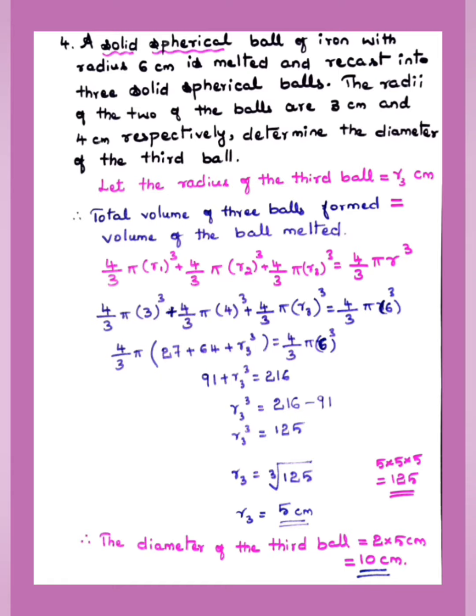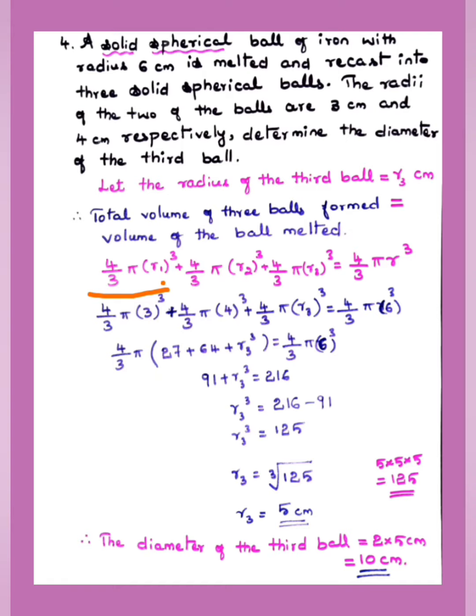Let the radius of the third ball be R3 centimeter. Total volume of 3 balls formed is equal to the volume of the ball melted, the big ball. Therefore, the formula to calculate the volume of the sphere is 4 by 3 pi r cube. So for the first one you can take the radius as r1.